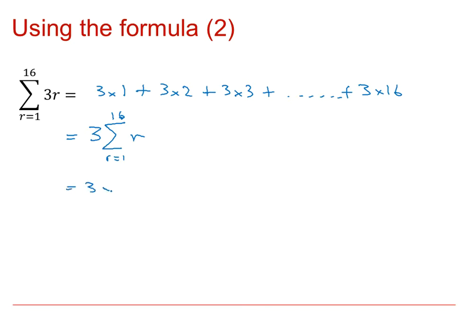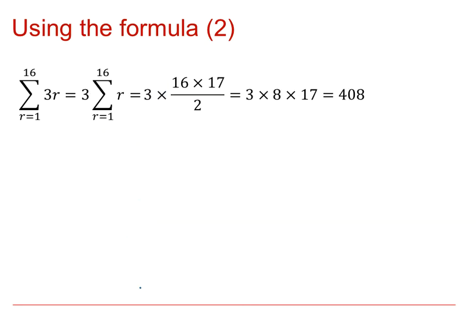Now we can use our formula. The sum of the first 16 integers will be 16 times 16 add 1 over 2, and then multiplying by 3 gives 408. You can see the method set out there.